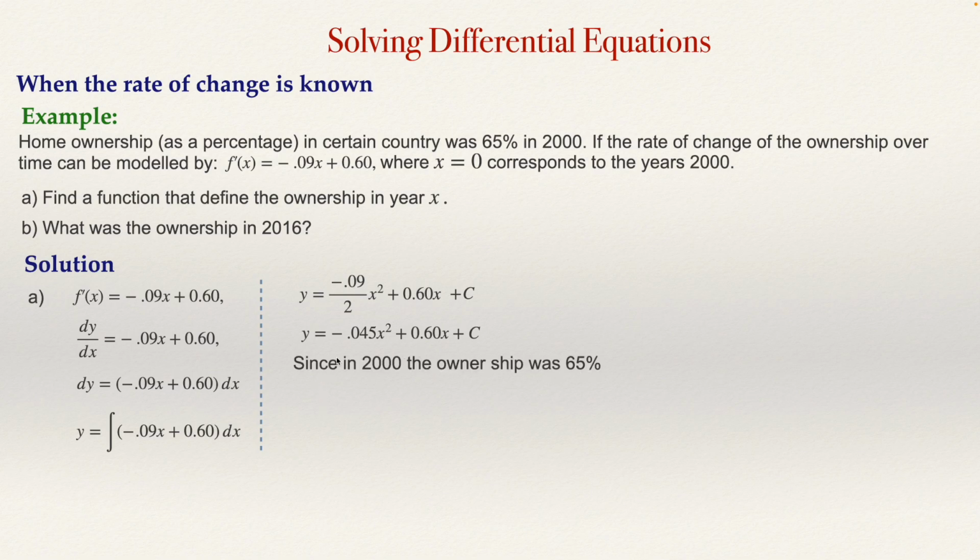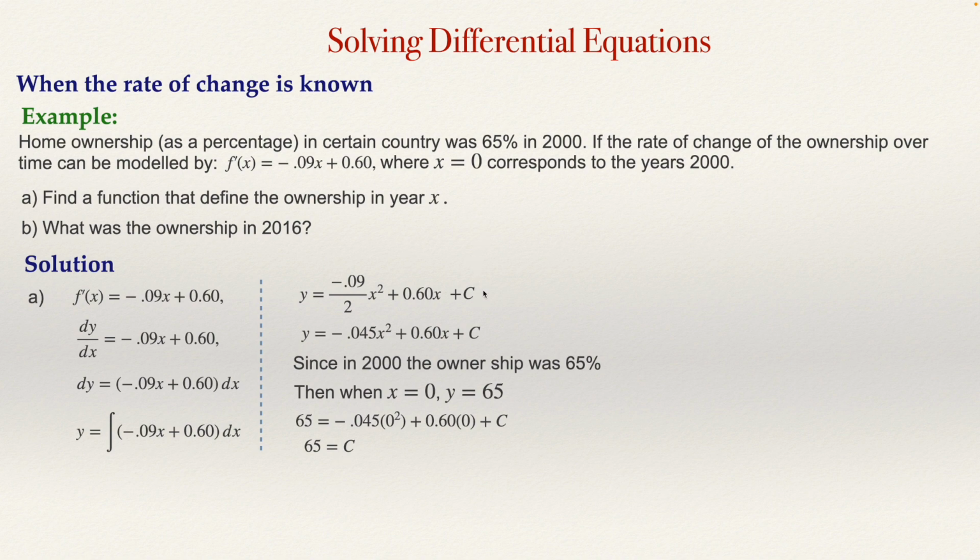Remember that for the year 2000, x equals 0. So in my equation I can substitute x by 0 and y by 65. Multiplying 0.045 times 0 is 0, and this is 0 again. So c equals 65.